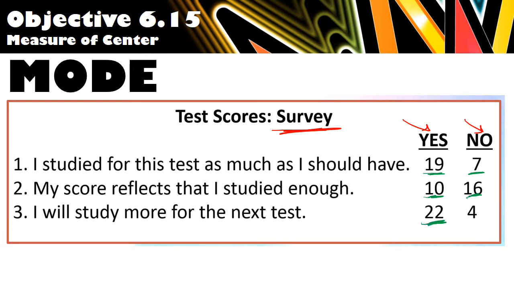Of course, 22 students said yes, and then you have 4 students that said no. So we'll give them a sad face. So if we figure out the mode of our data, which one shows up the most here? We have 22 students would be our mode for studying more for the next test.